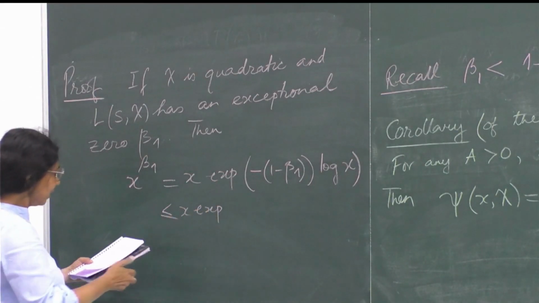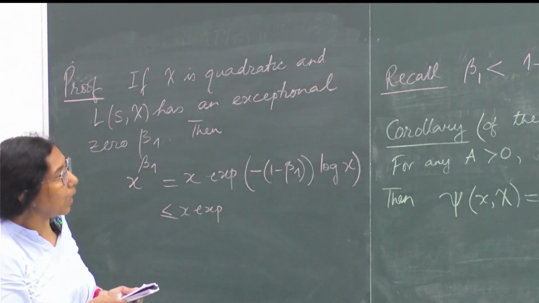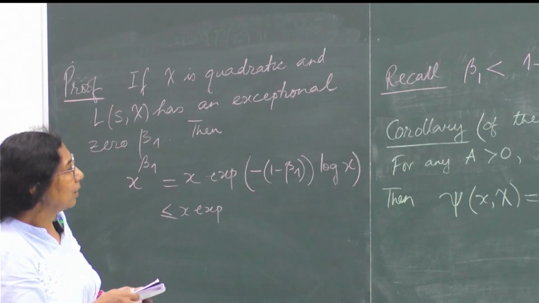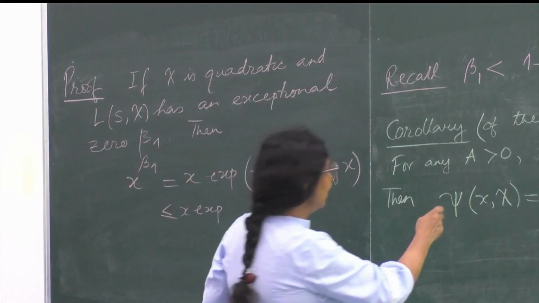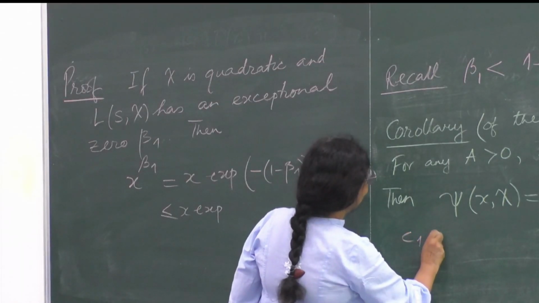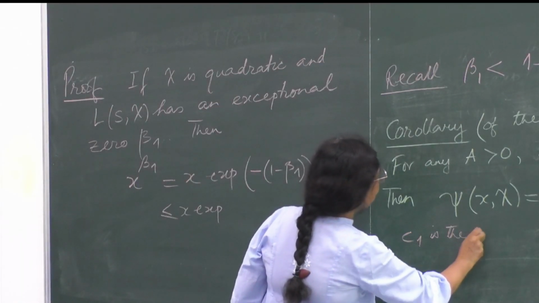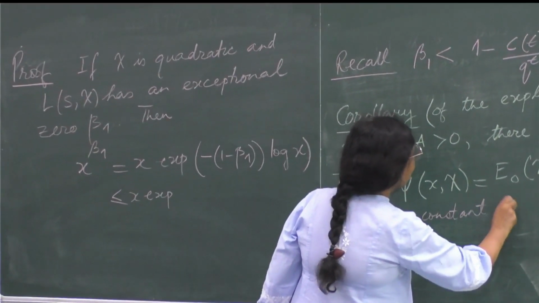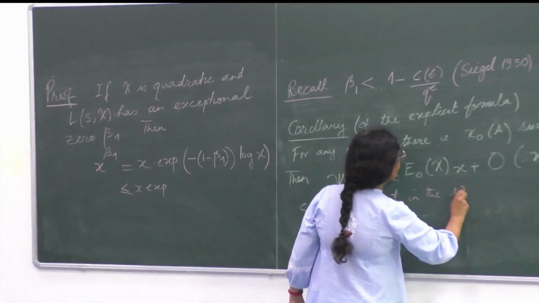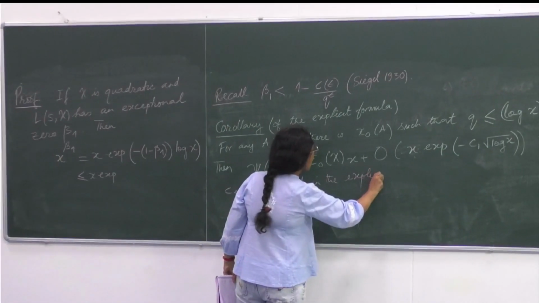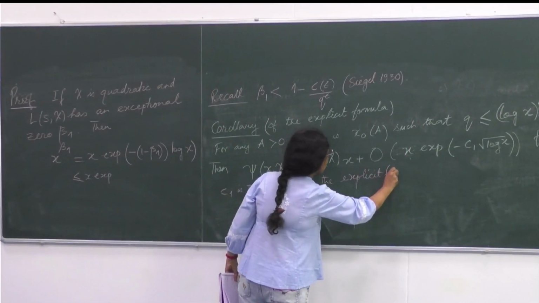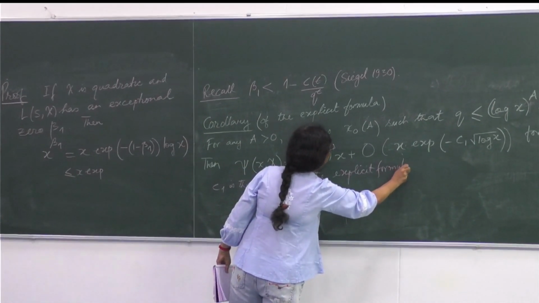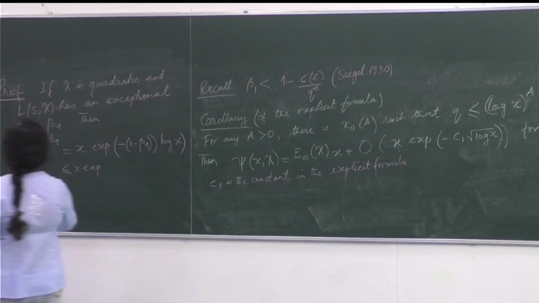I wanted to say something. This C1 is the constant in the explicit formula. All right.